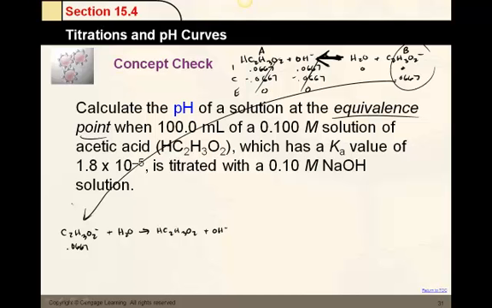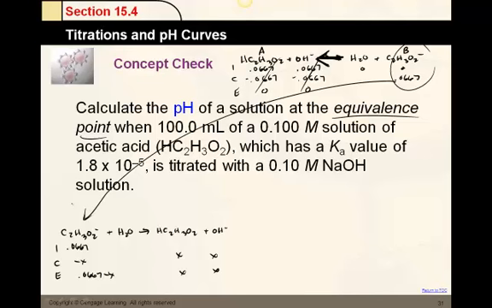So we want to solve this question. How do we do that? Well, it's the old ICE again. We can't use the Henderson-Hasselbalch because we don't have numbers on both sides. So we don't know the change, but we can calculate some information.